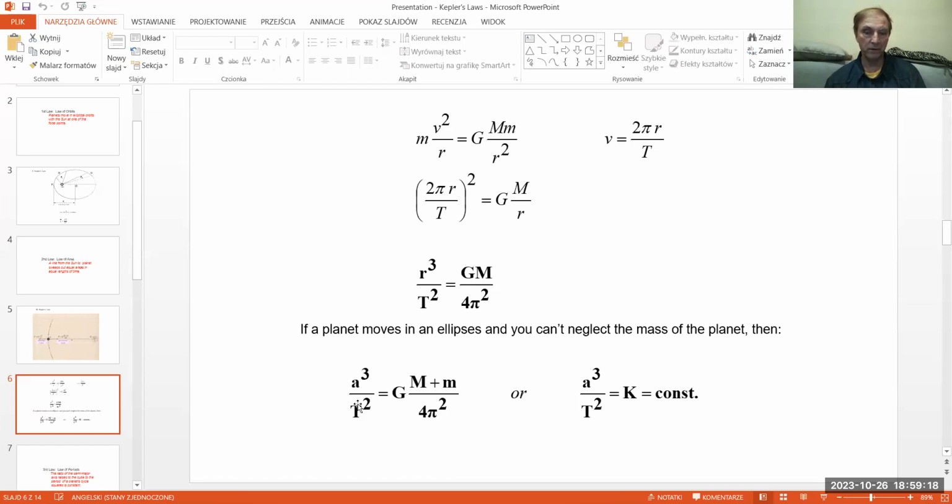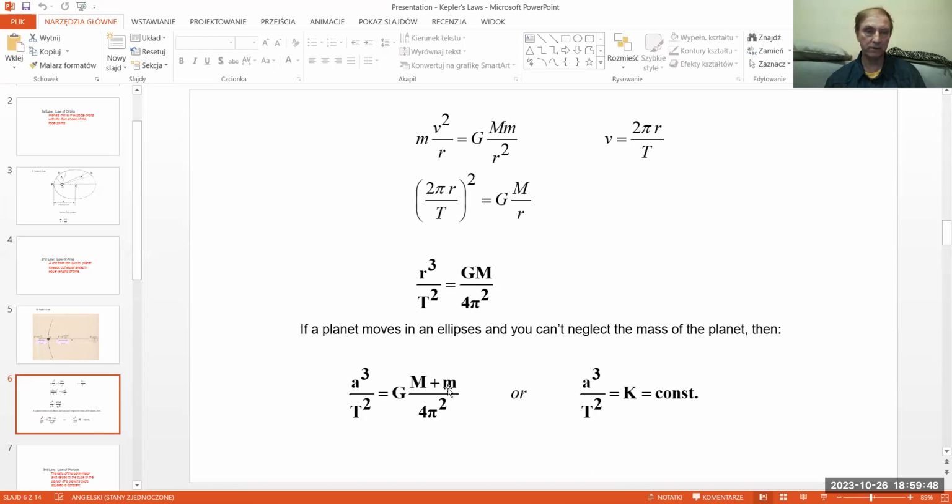And this is what Kepler's third law says, that the semi-major axis raised to the cube divided by the period squared is constant, because all the terms on the right-hand side are constant. G is the gravitational constant. Uppercase M, the mass of the Sun, is constant.